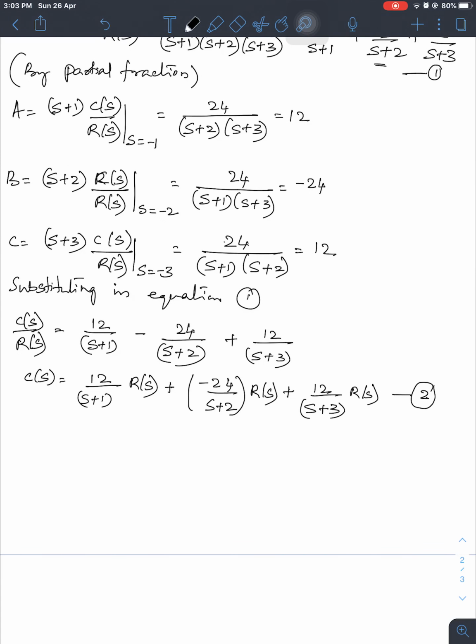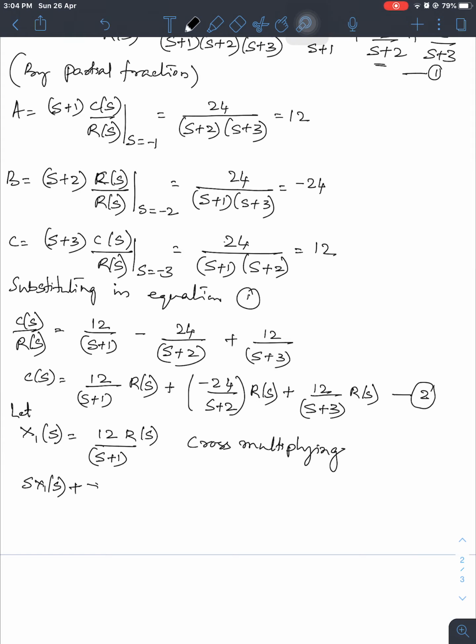We will try to identify, we will call, let X1(s) equal to 12 into R(s) divided by s+1. We will cross multiply. What do we get? s into X1(s) plus X1(s) equal to 12 into R(s).